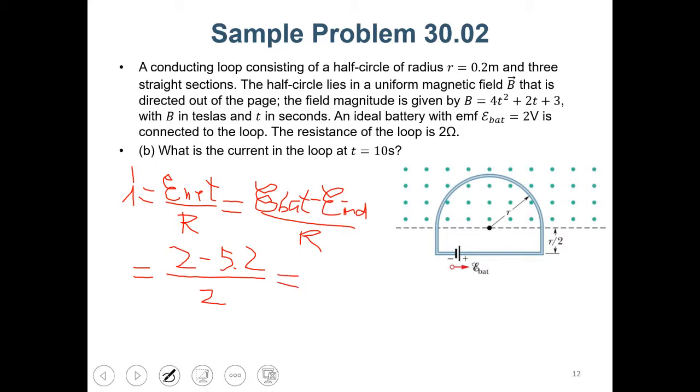So it will be minus 1.68. And actually, this is negative. So the current should be rotating clockwise.